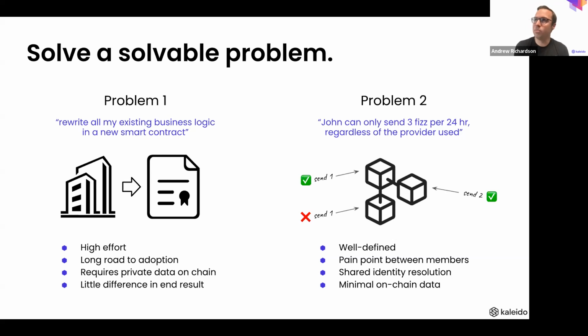It's arbitrary, but you'll find analogs of this in banking and finance and insurance and all sorts of industries where we're all working together, but there's some sort of legal or overarching requirements that we all have to abide by. It's a defined pain point between members. There's a problem of how do we do identity resolution and how do we determine that we're all talking about the same John. But once you solve that and find a way to agree on who we're talking about, there's actually very little data that's needed on chain to track this, right?